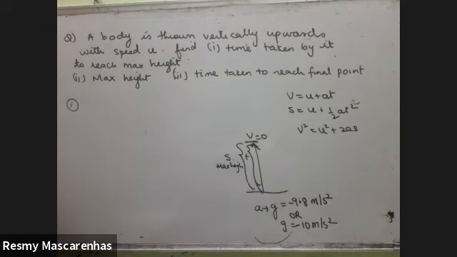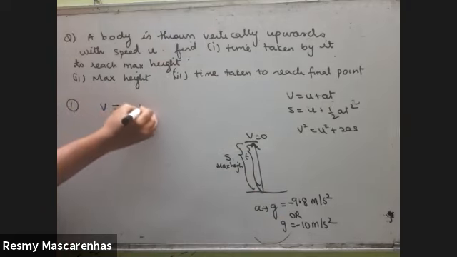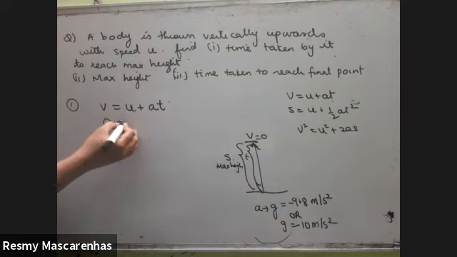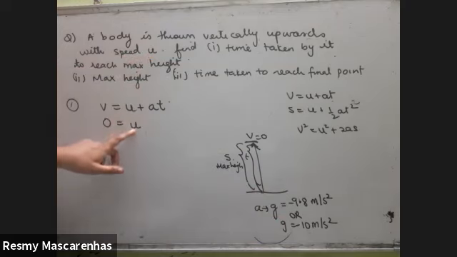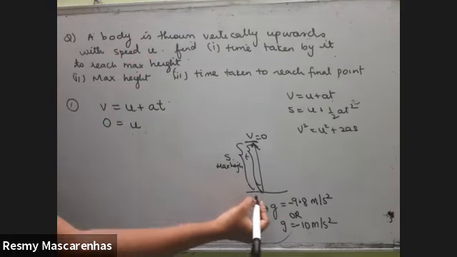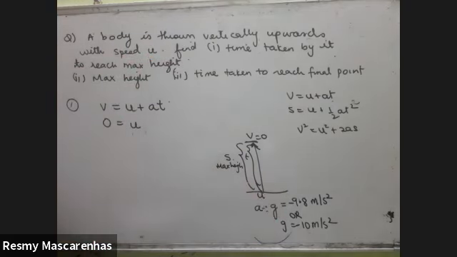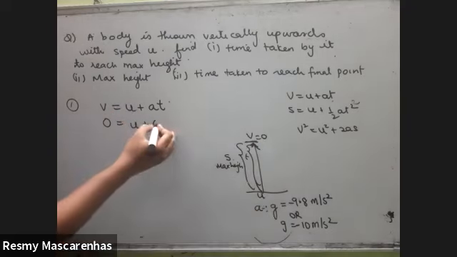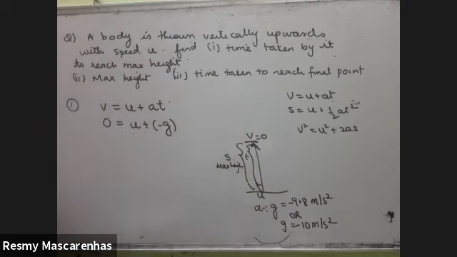So first, what we'll calculate is the time. So we'll use the first formula. Now v is 0. u is the initial speed, we have not been given the value. It starts with speed u and then it goes to 0. Here acceleration will be minus g. We will not substitute as of now because we are not calculating values here.